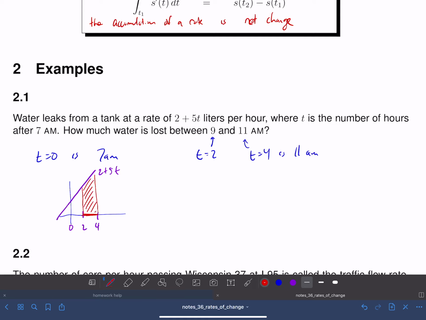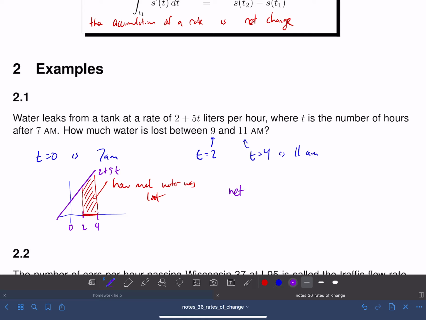This area right here is how much water was lost. We could compute this in two different ways. We could compute this as an integral using the fundamental theorem of calculus part 1, or we could do this using geometry, and break it up into a triangle and a rectangle. I'm going to use the fundamental theorem of calculus part 1 because I think it's freaking amazing.